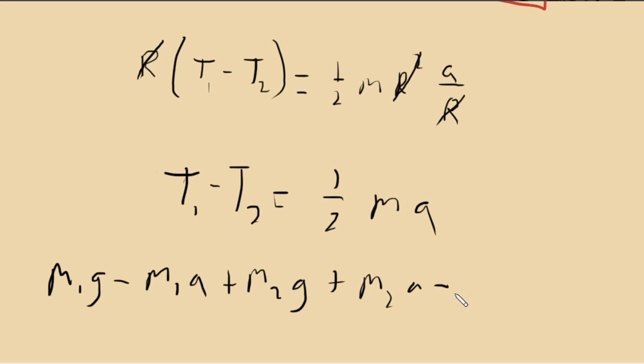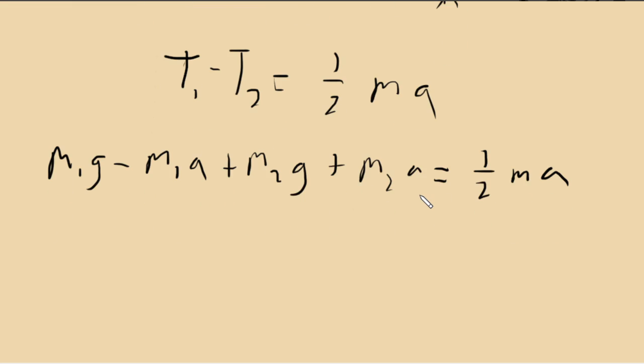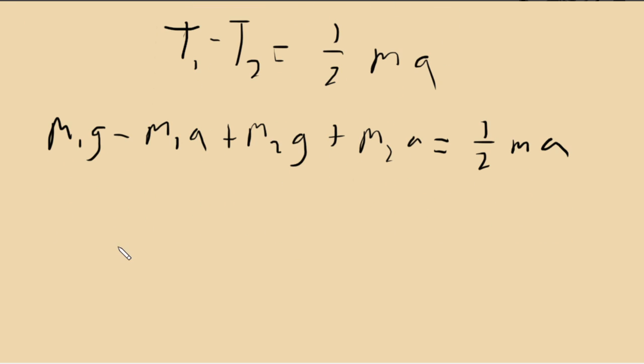And then our right side of the equation, we're not changing anything. It's just going to be 1/2 MA. So we could simplify this. We got two terms that are dependent on gravity we could combine, and then we have three terms that are dependent on acceleration.